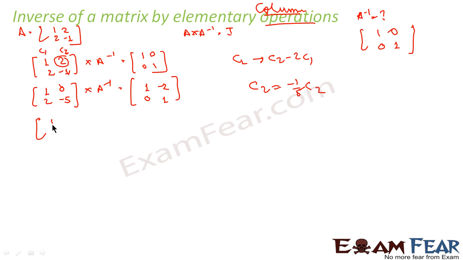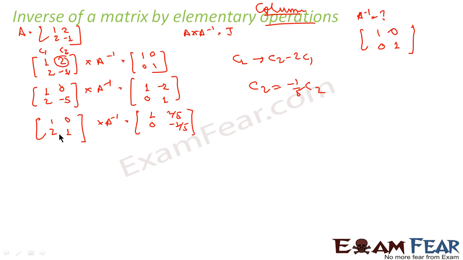So C1 is same. This becomes 0 into minus 1 by 5, 0. And minus 5 into minus 1 by 5, that is 1. Into A inverse is equal to, this guy is same, and this becomes minus 2 into minus 1 by 5, 2 by 5, and 1 into minus 1 by 5 is minus 1 by 5. Correct?